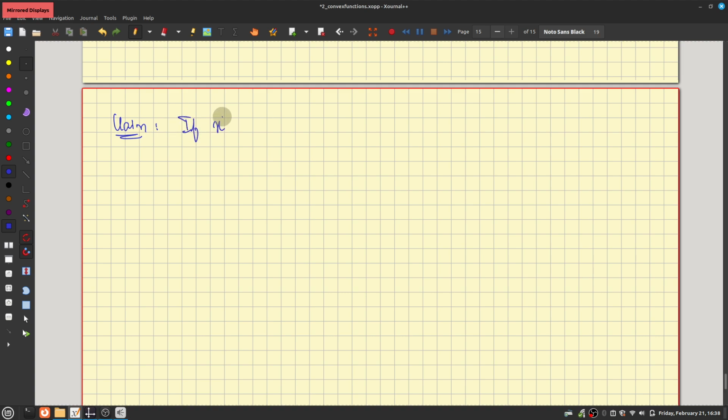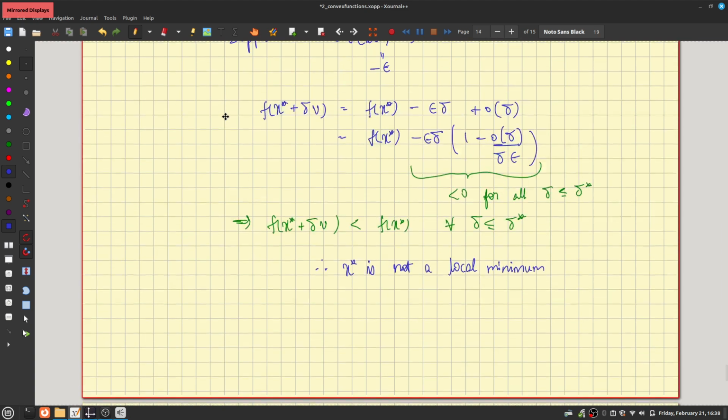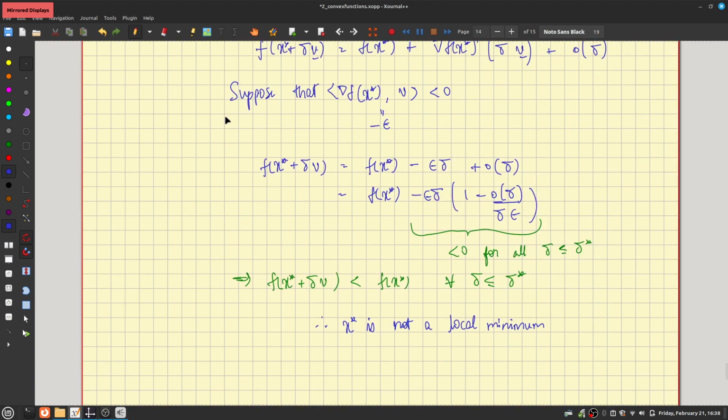Explain what is happening. Where? The 1 minus little o of delta by delta part. So what does this mean? When I say little o of delta, it means that the limit as delta tends to 0 of this quantity is 0.